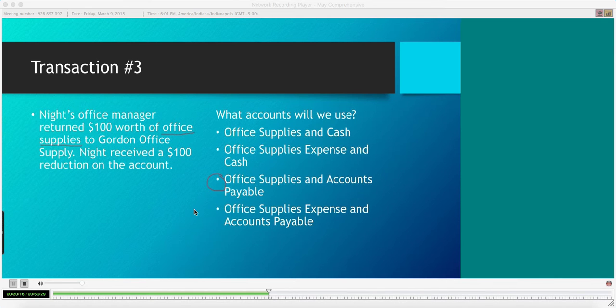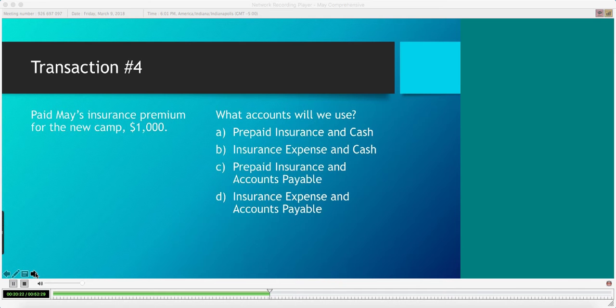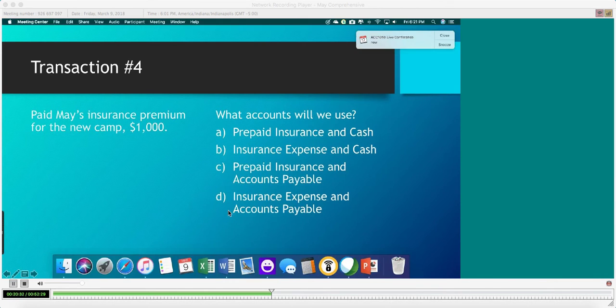Okay, be honest if it doesn't. I want to make sure you guys understand the problem and make sure you can get the best grade on it. The next transaction, we paid May's insurance premium for the new camp of $1,000.